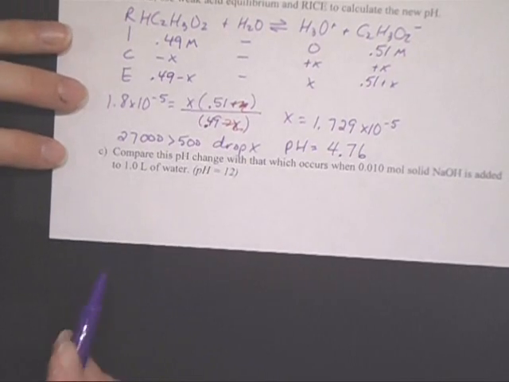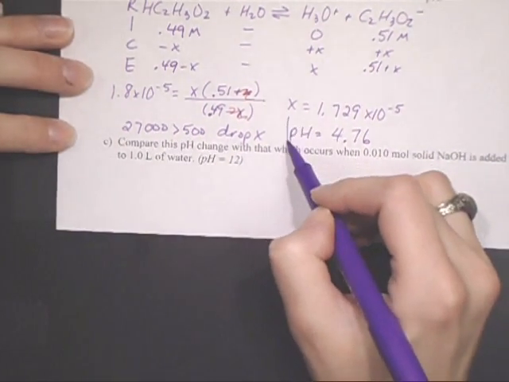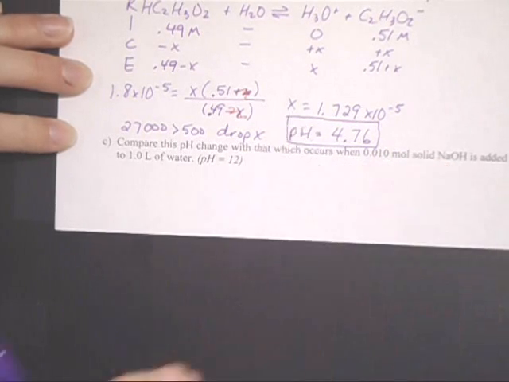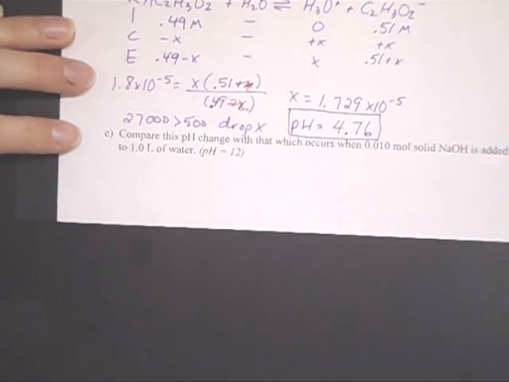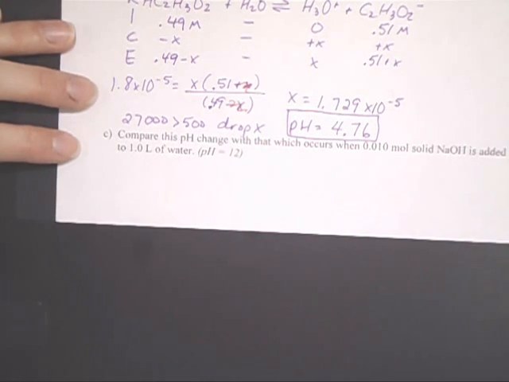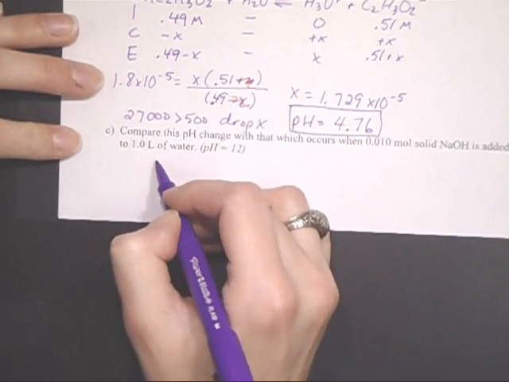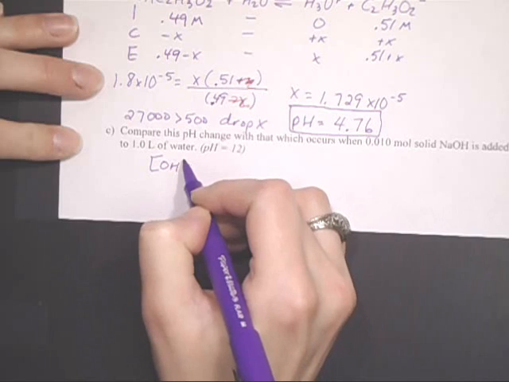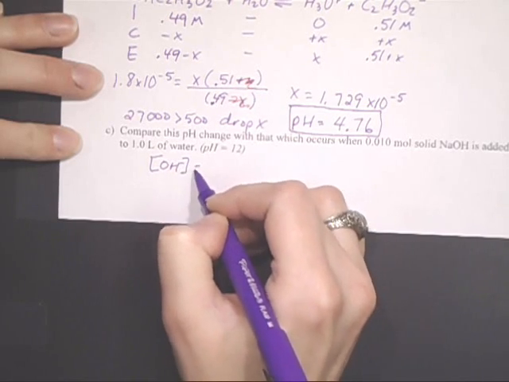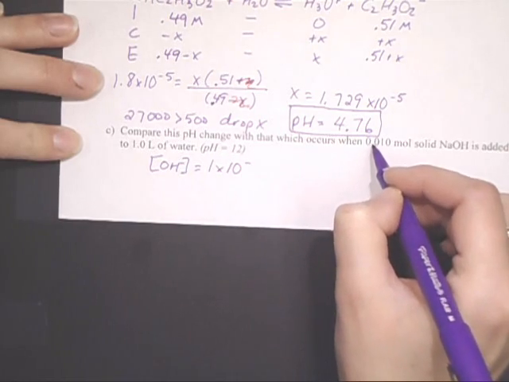Then the last part: compare this pH change with that which occurs when 0.01 moles of solid NaOH is added to 1 liter of water. So now we don't have a buffered situation. Now we just have a hydroxide concentration that is 1 times 10 to the minus 2 molar.